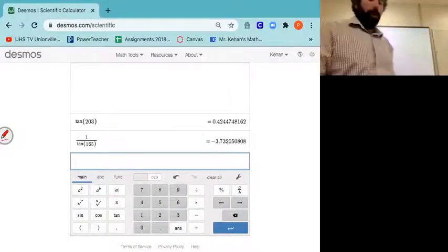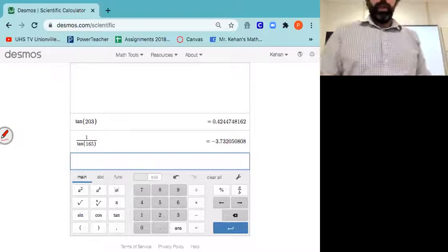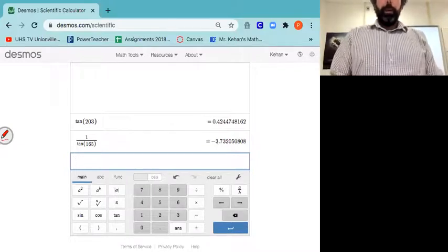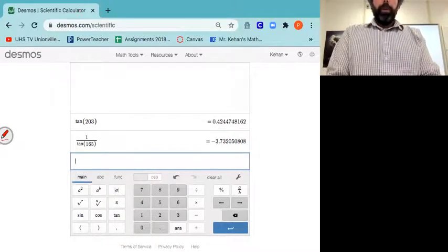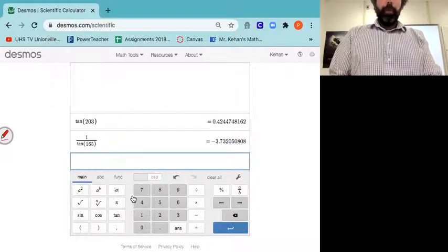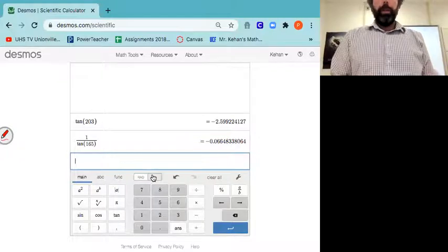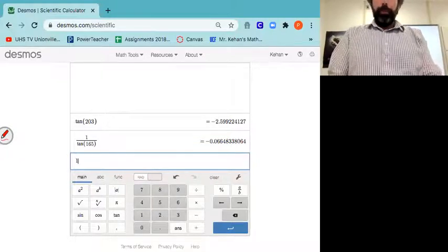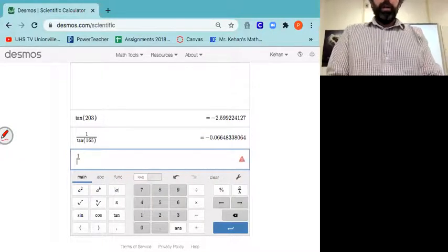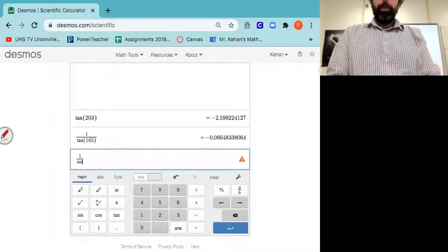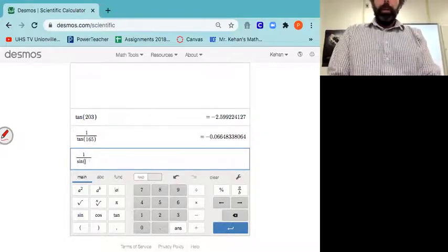The first one we were doing was cosecant of, I think it was -2. We're in radians, so I need to switch my calculator over to radians. So I could do 1 divided by sine of -2. Just pretend it's -2 right now.